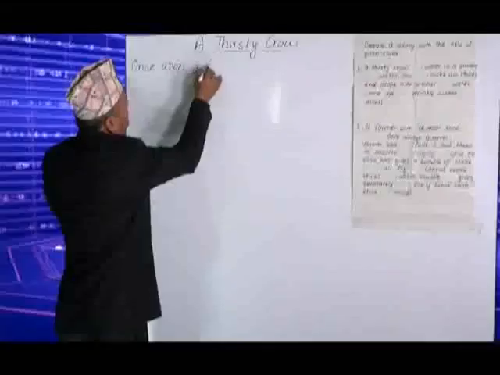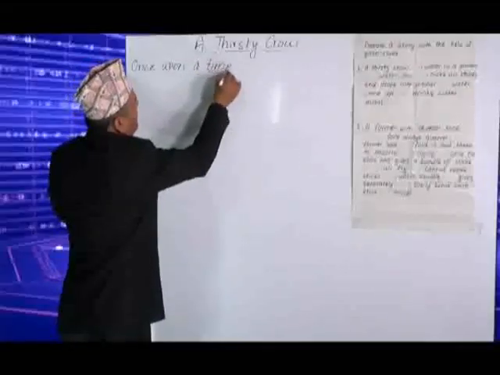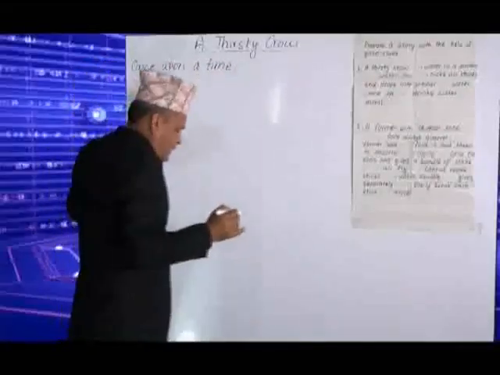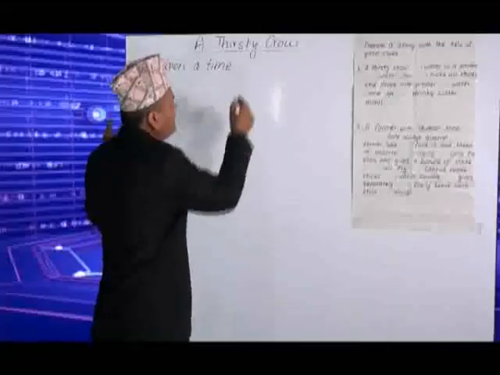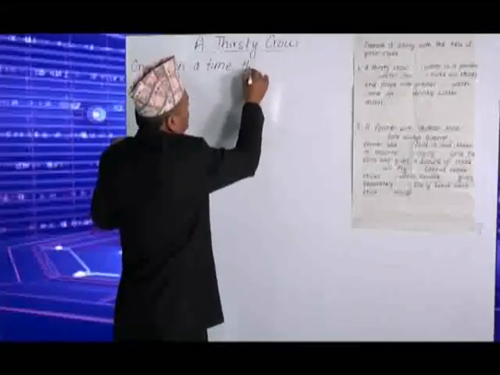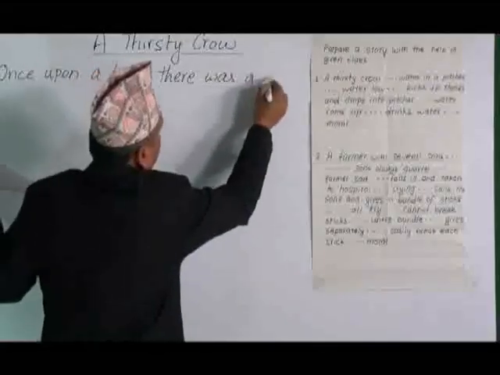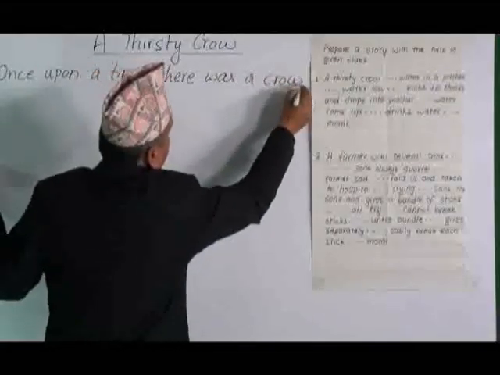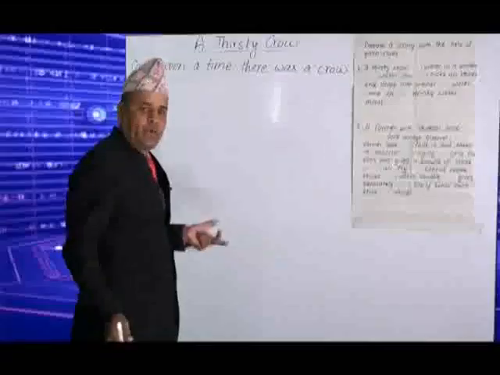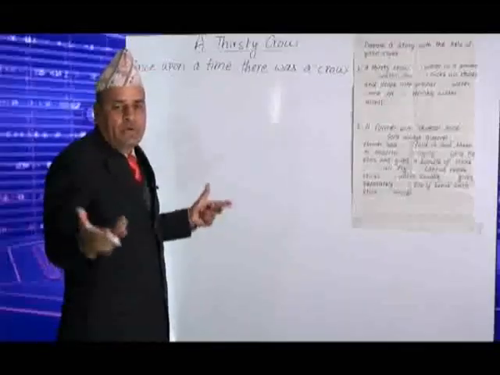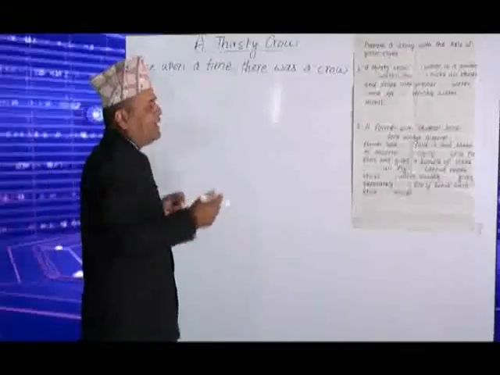Once upon a time, there was a crow. What happened to the crow? The crow was thirsty.